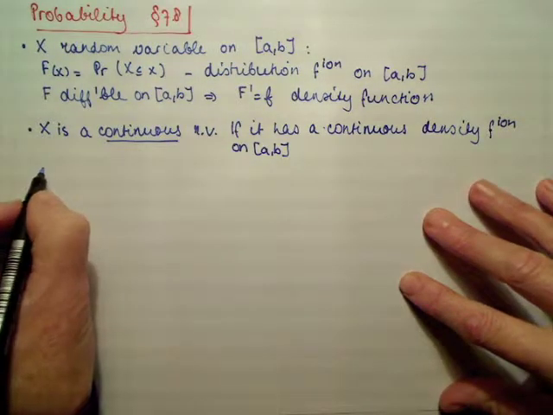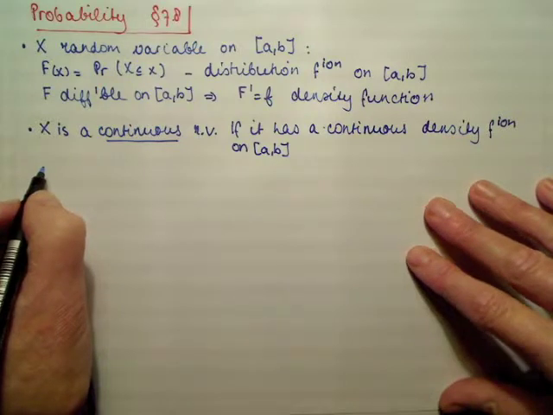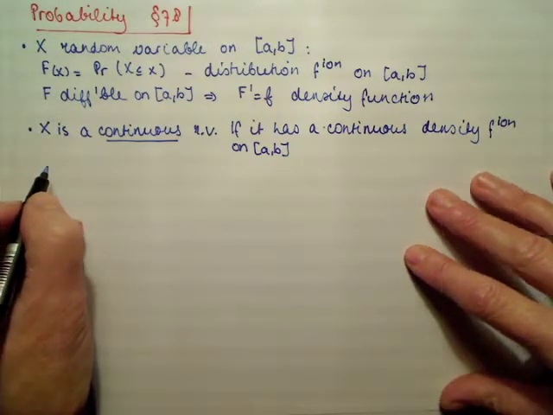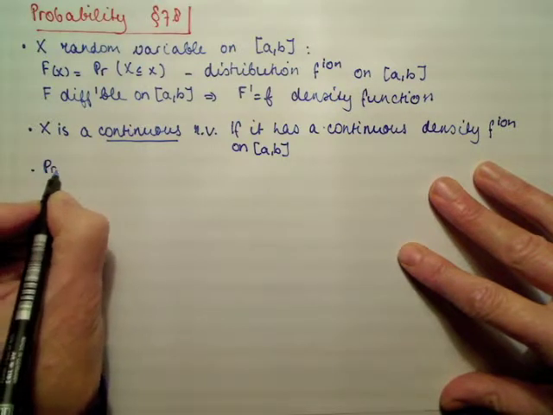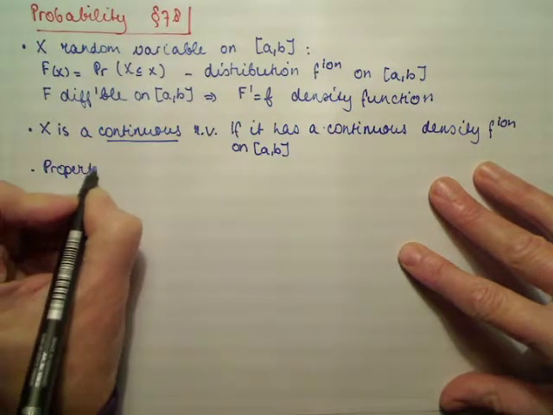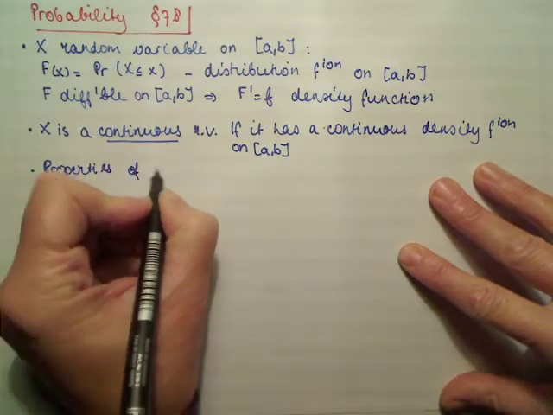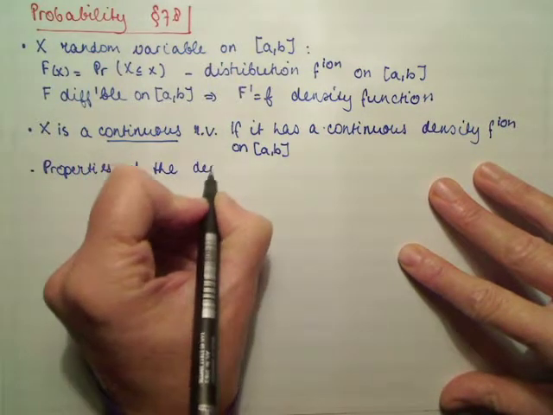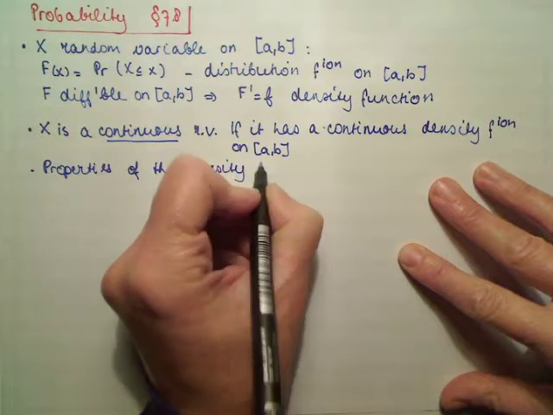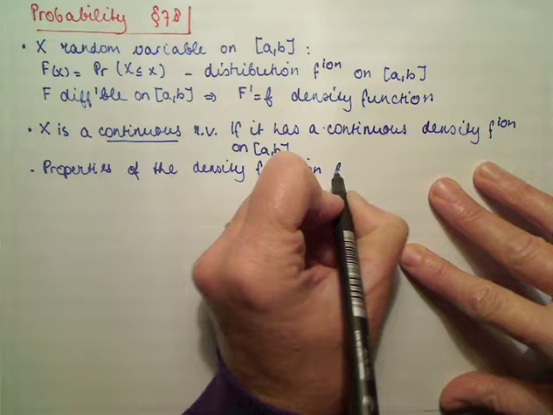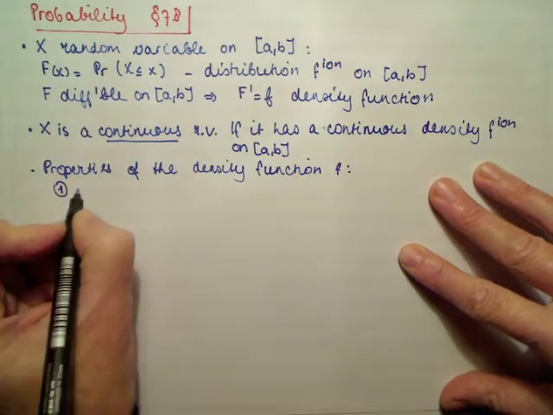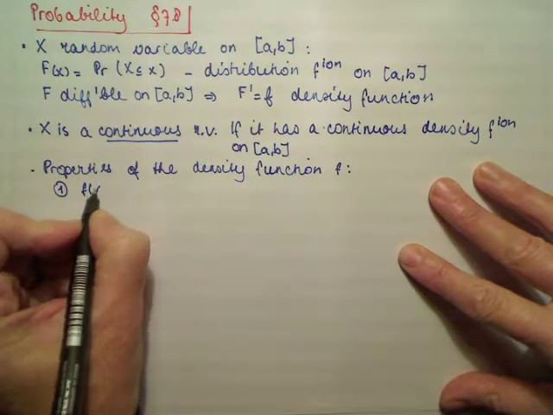Now, of course, not any function can be a density function. There are some necessary properties of a function to be a density function, namely the following. The first one is that the density has to be always non-negative.